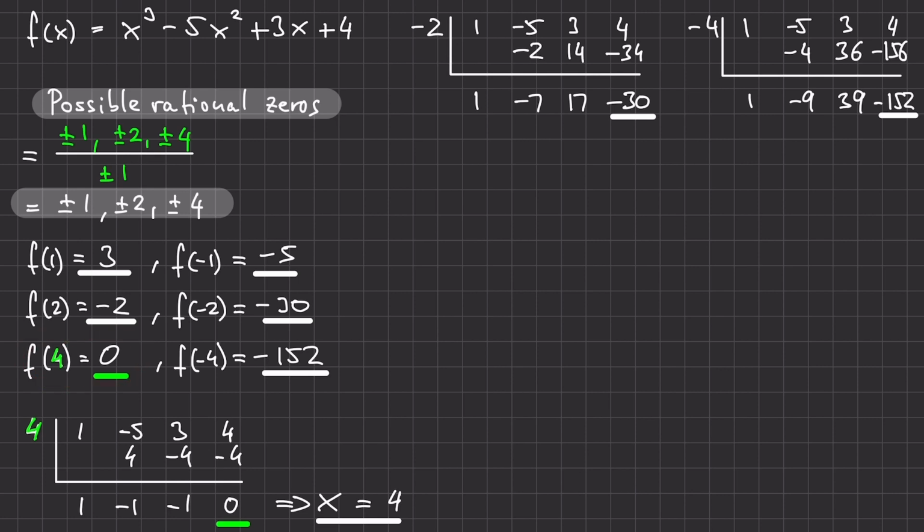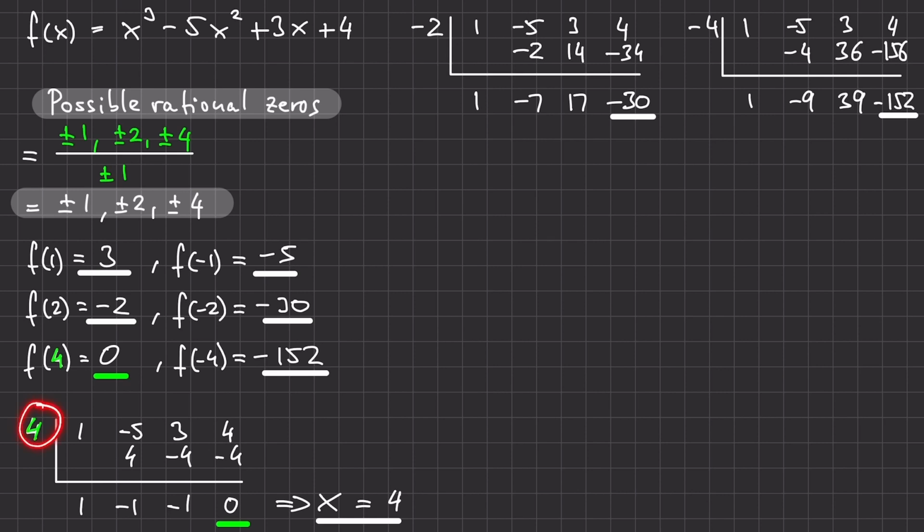Now we are going to reduce the cubic function to a quadratic function to see if we can find non-rational zeros. So let's divide the function by x minus 4. We can do that using long division or the much easier way using synthetic division. Wait, didn't we divide the function by x minus 4 already by using synthetic division?